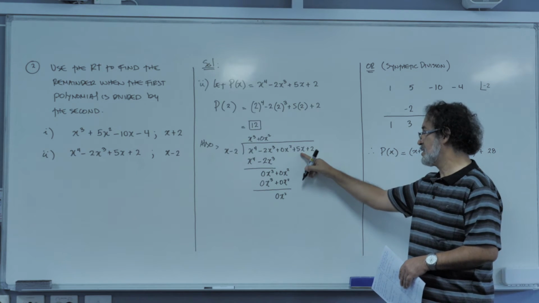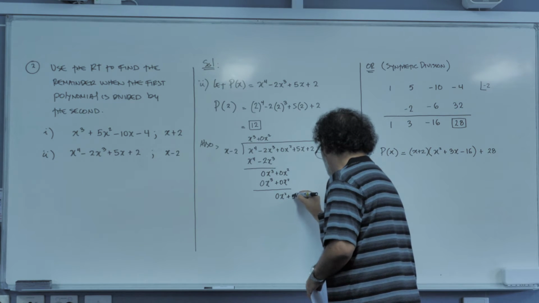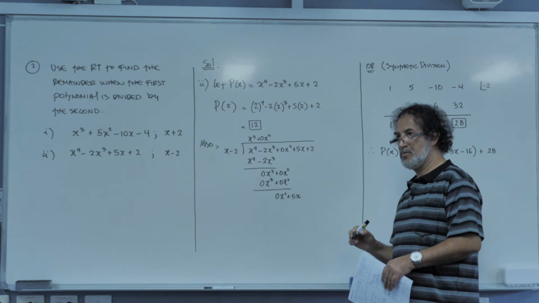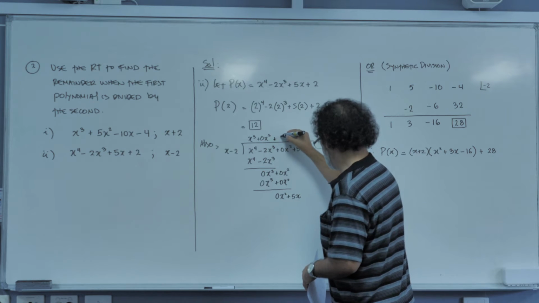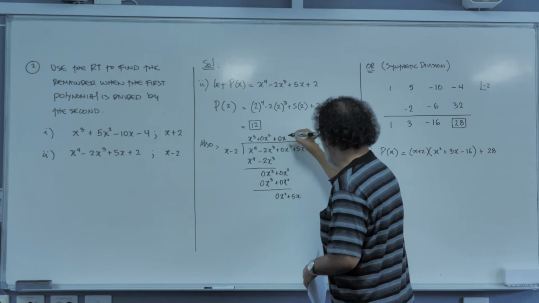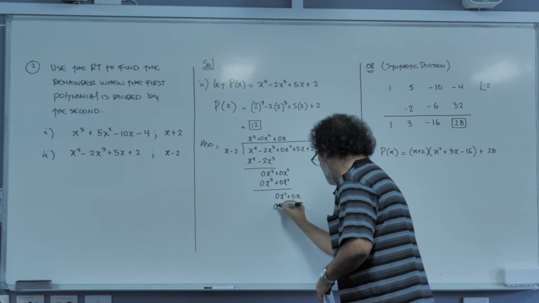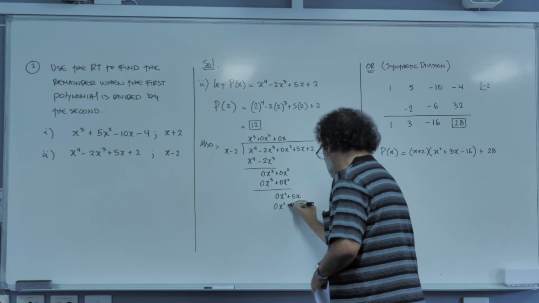And we're going to bring the next term down. And we're going to keep repeating the same process. Okay, so we need to do 0x. Okay, that will give you 0x squared and plus 0x.